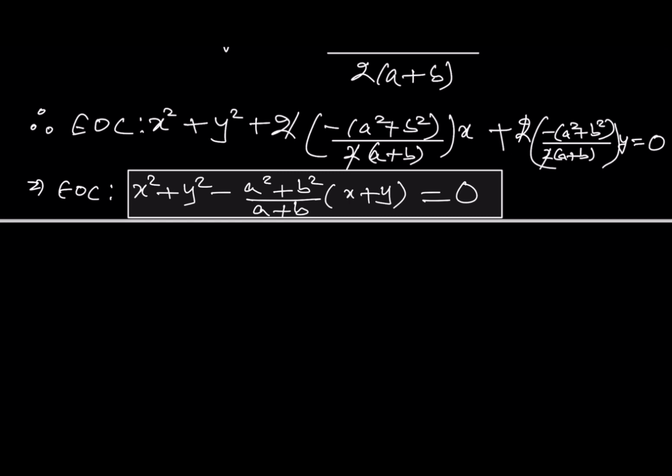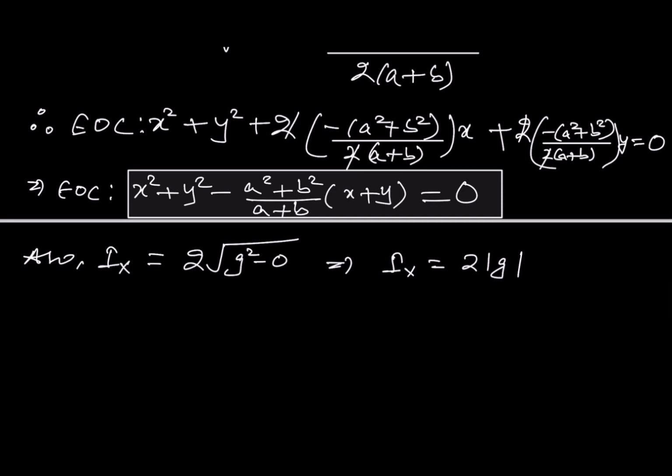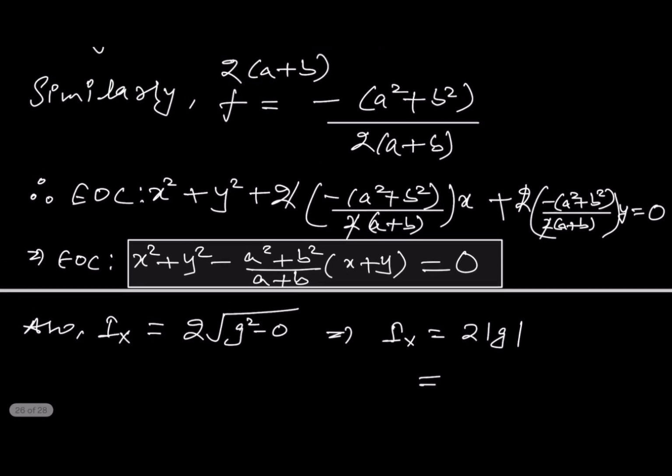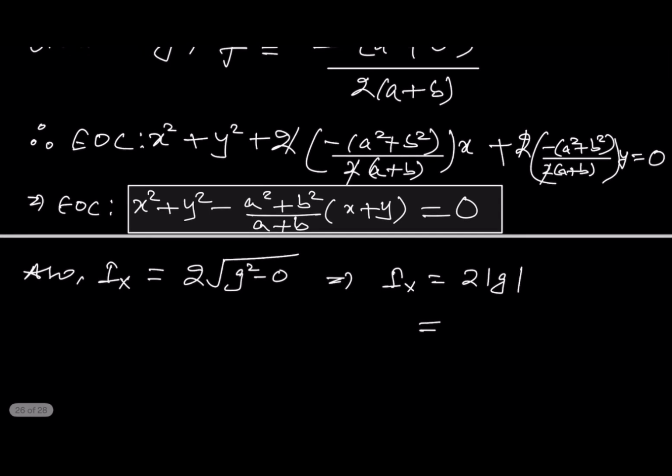So therefore, the x-intercept, which is 2 times root over g square minus c, and c is 0, so this will become ix is equal to 2 mod g, right? So g we have found.